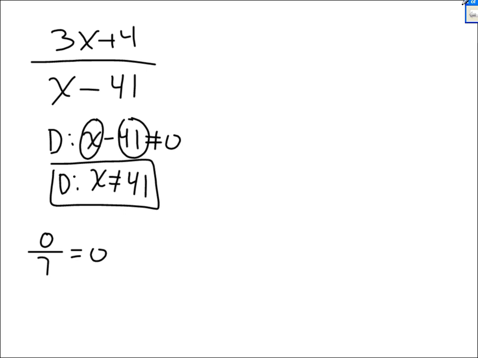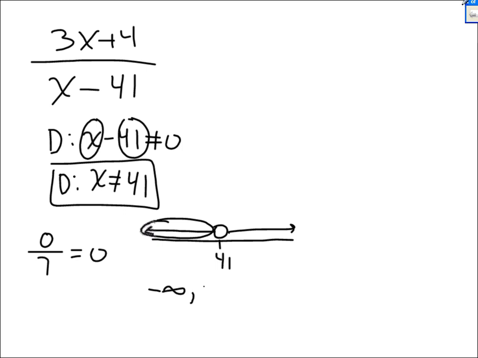If you wanted to graph the answer, here's 41. You can't be 41, but you can be below 41 or above 41. If you want interval notation, this interval right here is from negative infinity up to 41, but don't include it.